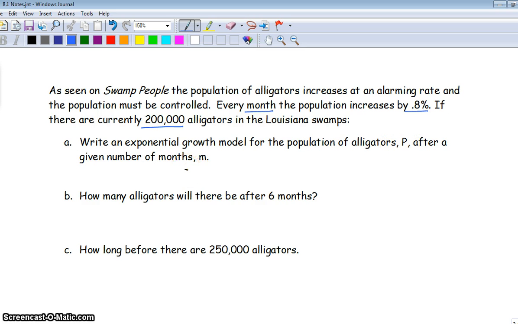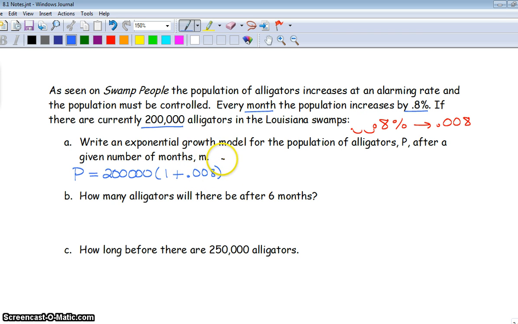So we're going to take that same growth model, we're just going to give it different variables. So y is now going to be P. The initial amount is 200,000. We're going to have our rate, now 0.8%. We move it twice to the left, 1, 2, becomes 0.008 as a decimal.